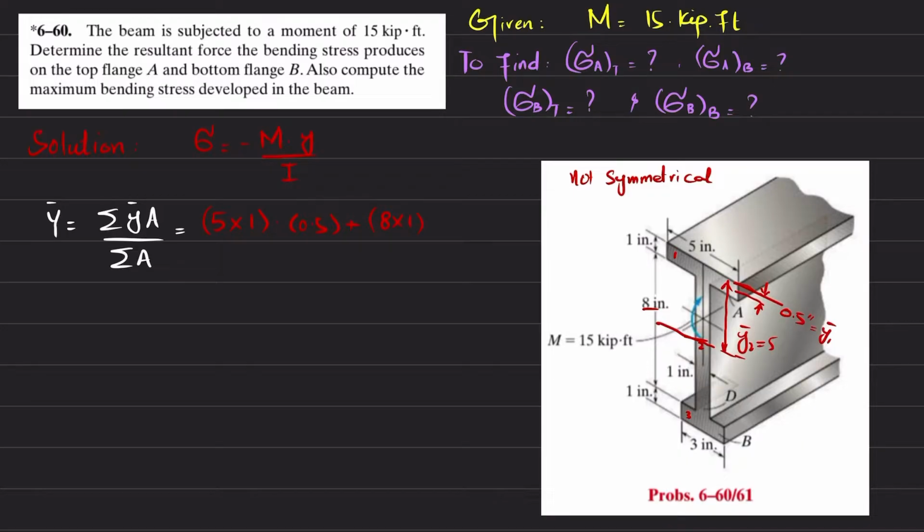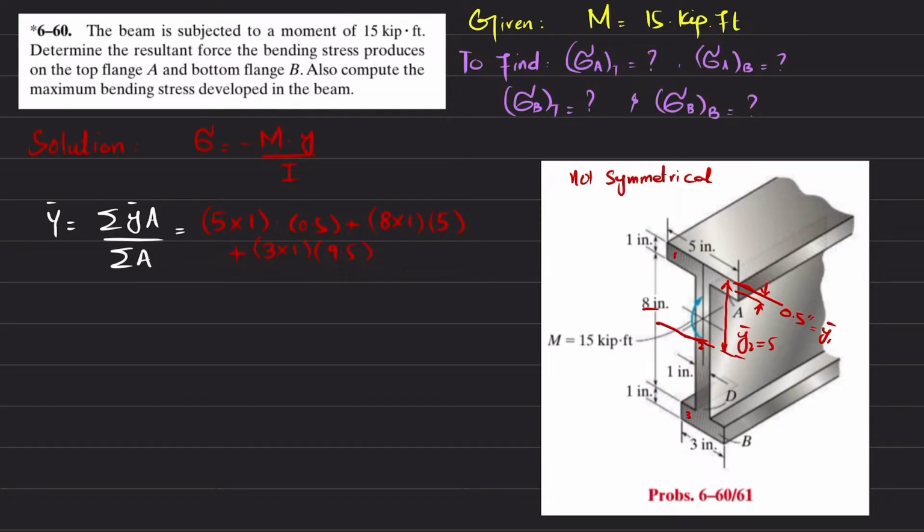So I will multiply it with 5, plus the third area, which is this one, 3 by 1 inch. So I will write 3 multiplied by 1, and y3 dash will be equal to 9.5.